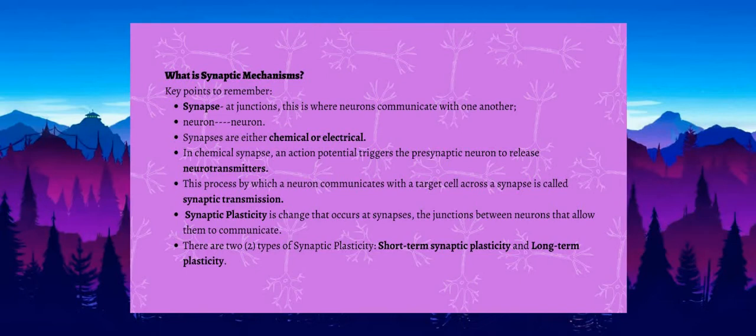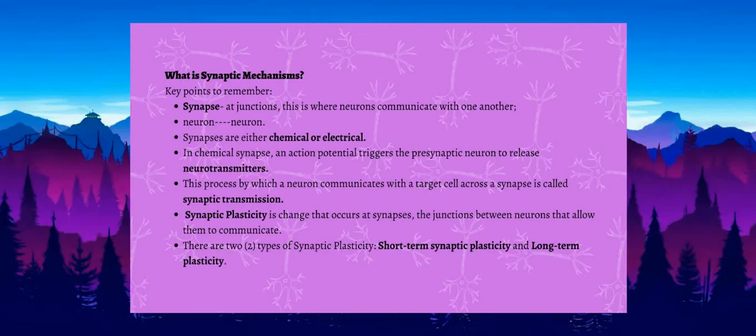So, because the beliefs were dichotomous, different scientists and researchers conducted different sets of experiments and studies, and at the end, it was revealed that synaptic transmission can either be electrical or chemical. But most synaptic transmission is chemical, which means that these synapses communicate using chemical messengers called neurotransmitters.